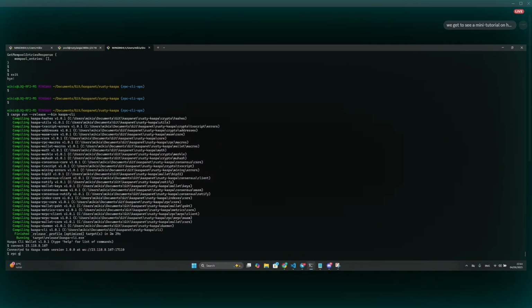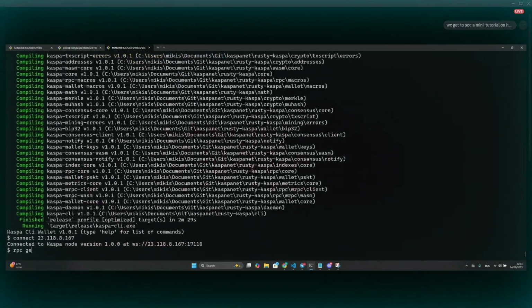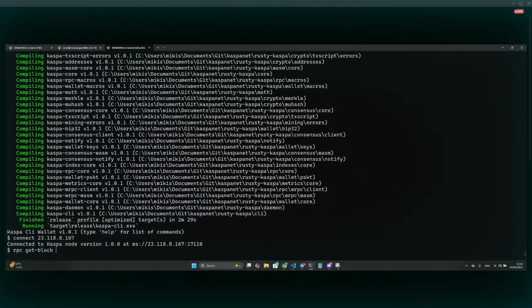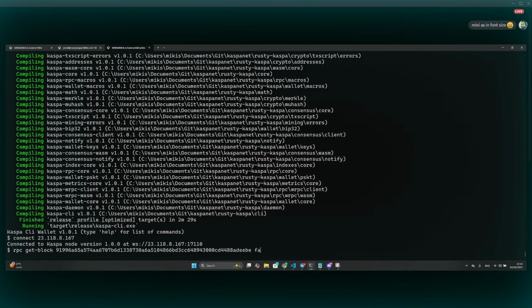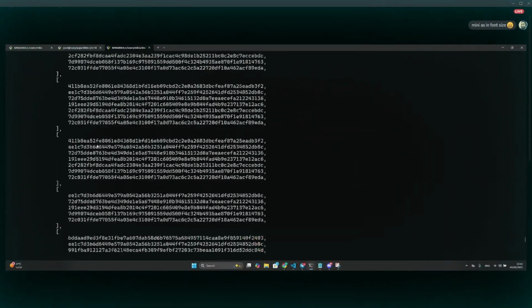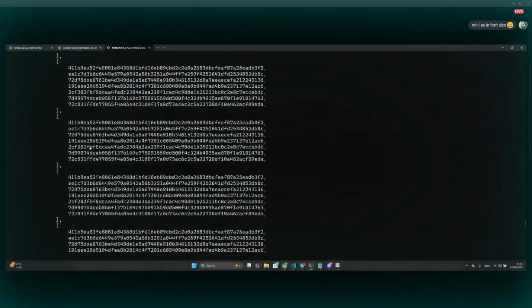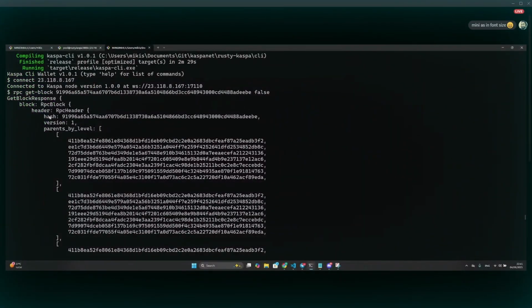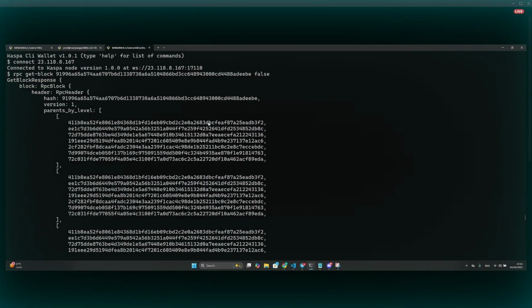Okay, so right now you need this speaker. It's easy to see the beginning of the header has this parents by level. It's like a vec of vecs.